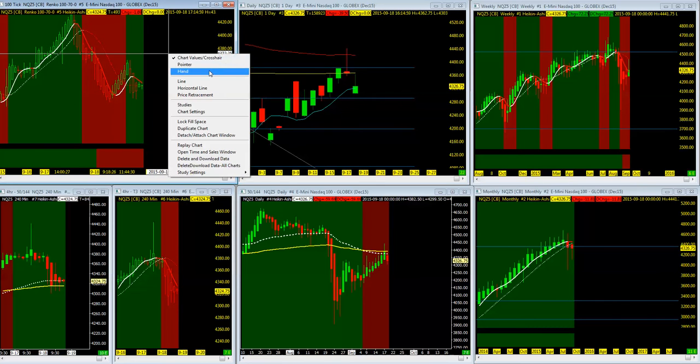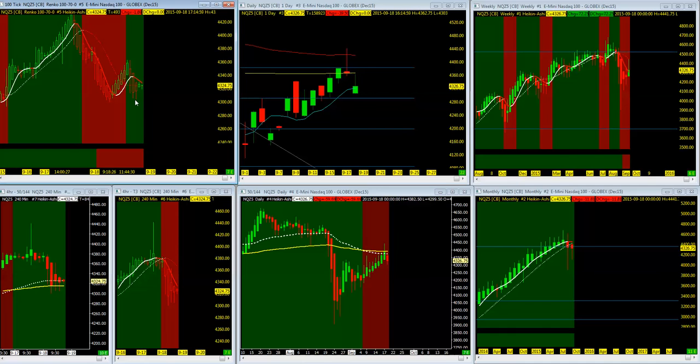Alright, so bias here is a little bit mixed. 4-hour chart on the NQ still holding up here at the 144. 4-hour chart on a T3 moving average holding to the downside. Daily chart here, 51.44, still holding downside, unable to break that 144.